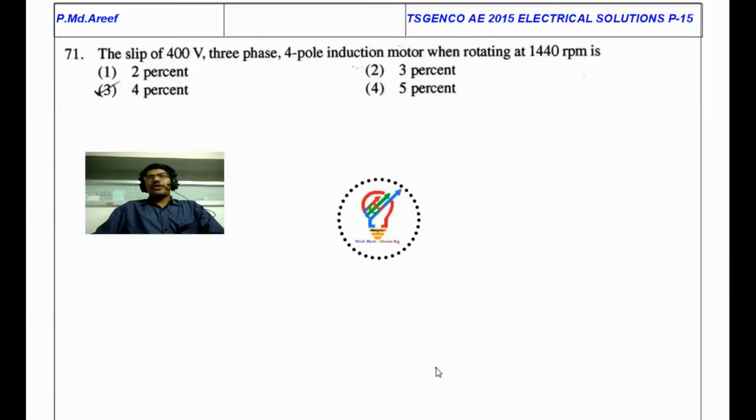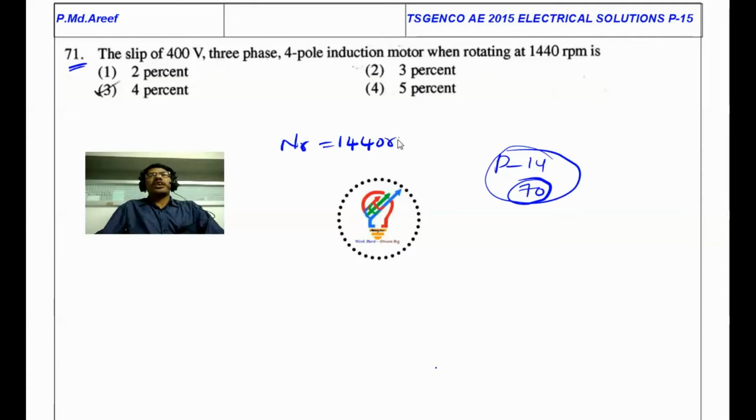Now let's continue our discussion on TSGENCO AE 2015 Electrical Solutions Part 15. The question here is similar to the question which we asked in Part 14, question number 70, so just review that question. The slip of a 400 volts 3-phase 4-pole induction motor, when rotating at synchronous speed, the Nr is nothing but 1440 RPM.